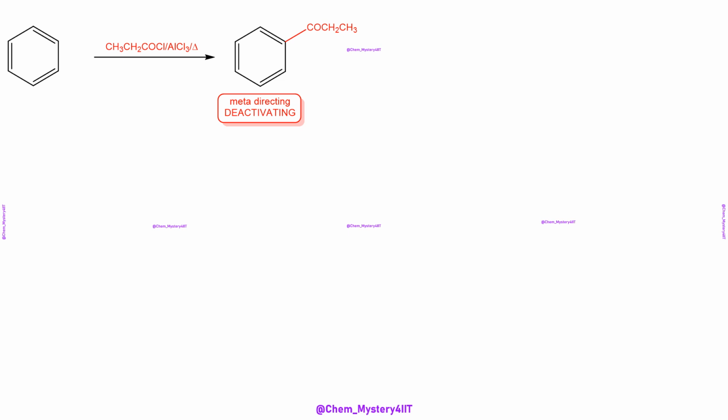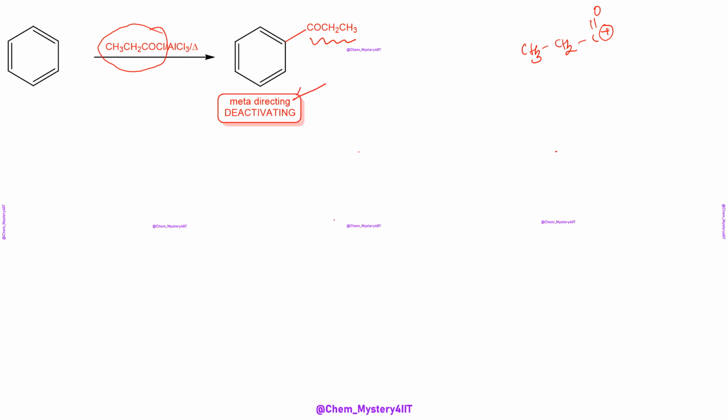So the very first step we have done is, as expected, acylation. Over here we are going to do the reaction with n-propionyl chloride. So that carbocation which is going to be generated, CH3CH2C double bond O, would be attacking our benzene ring, and we'll get propionyl benzene generated.